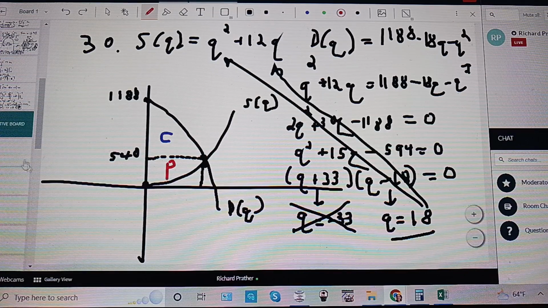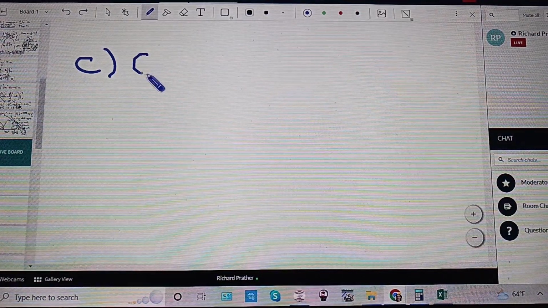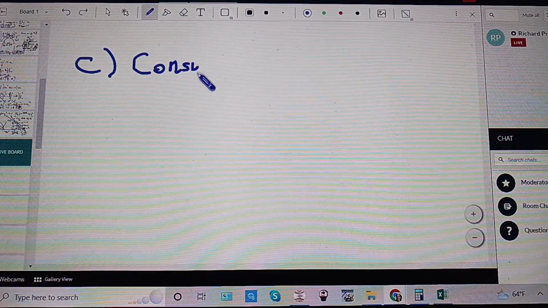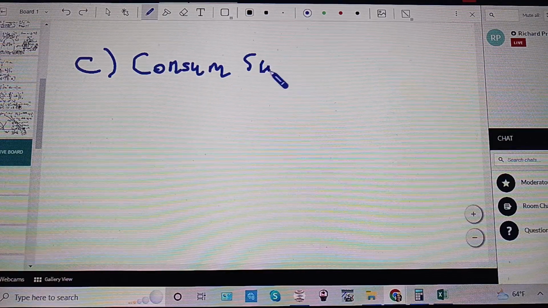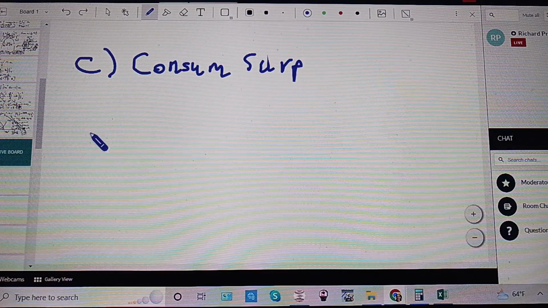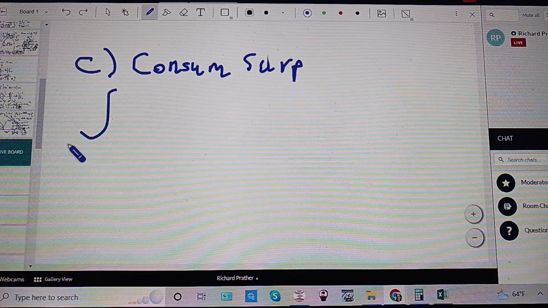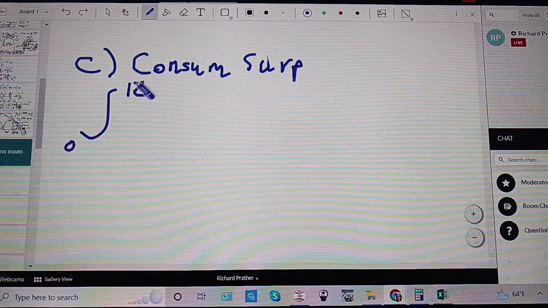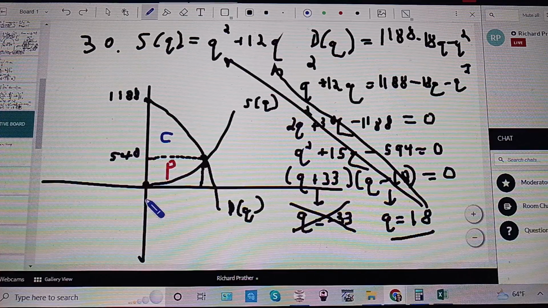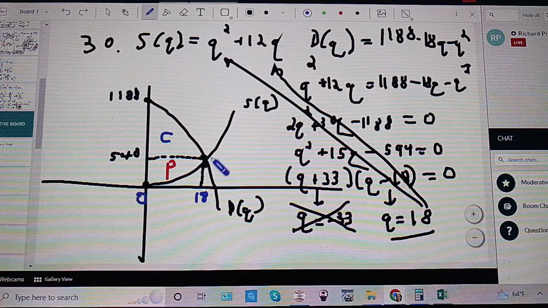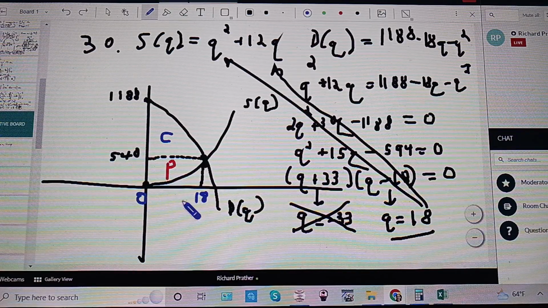So if I want part C, that is the consumer's surplus, the one that starts with a C. So this is going to be an integral from 0 to 18. They're both going to be from 0 to 18 because that's what the x is going between 0 and 18. So both this one and that one are going to go from 0 to 18. The consumer surplus has the demand curve. The demand curve is above the horizontal.